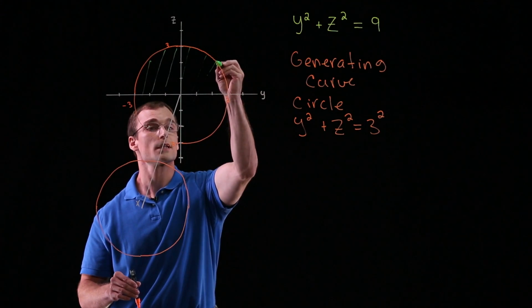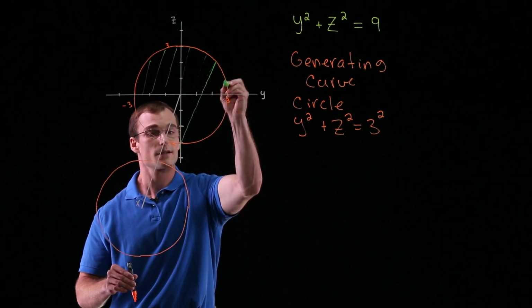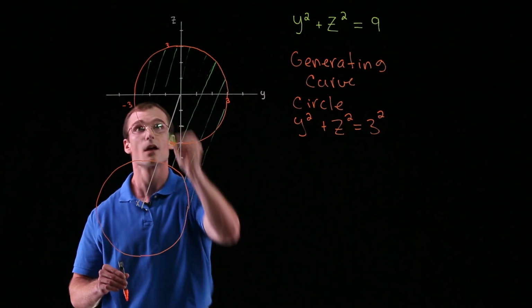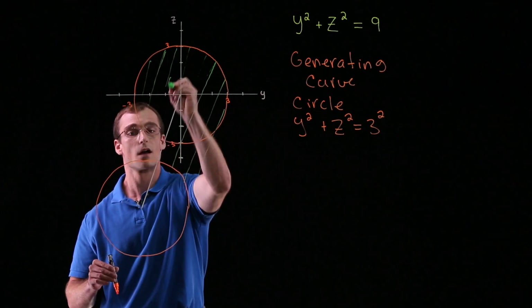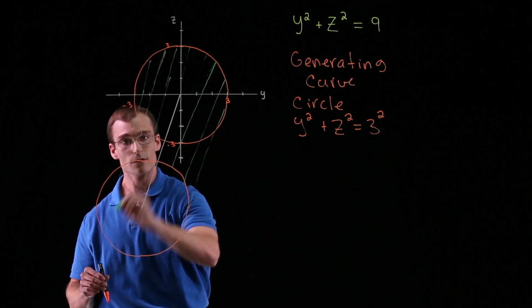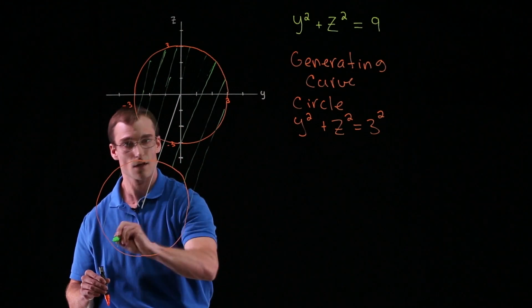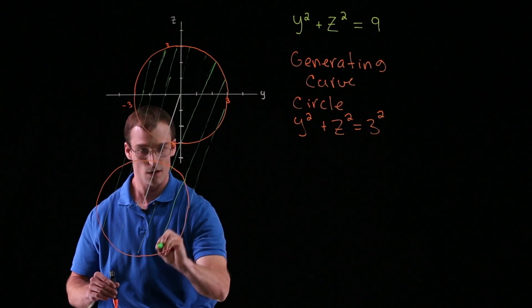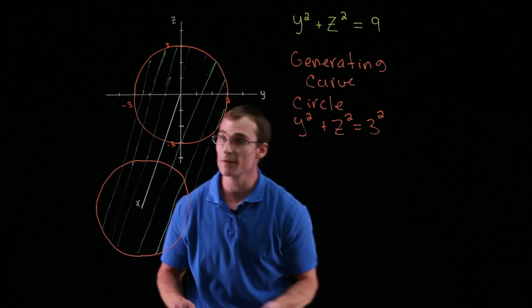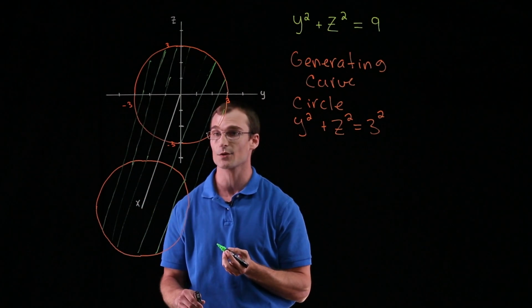Like we said, ruling lines projecting all the way across our x-axis. Okay, so giving us something like that. So that's our 3-dimensional surface.